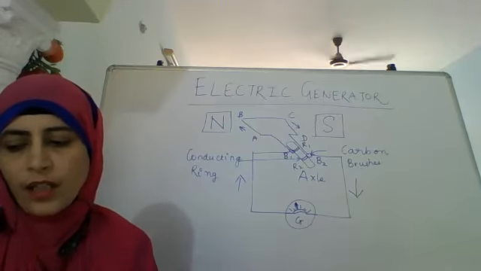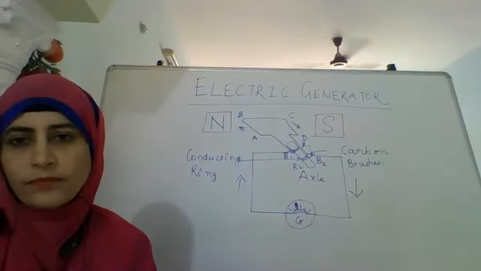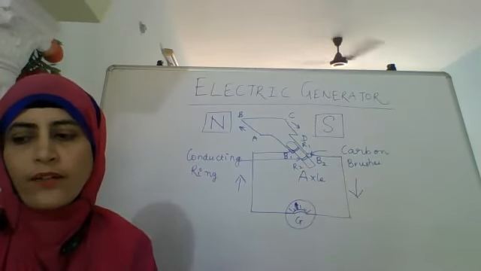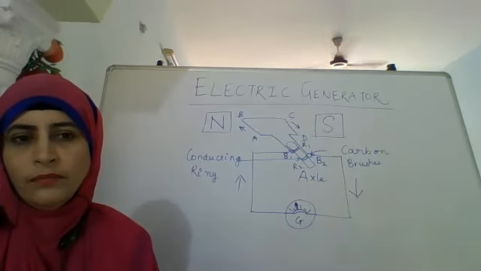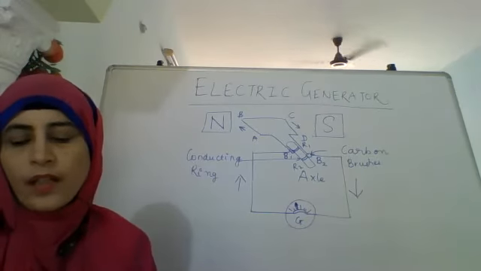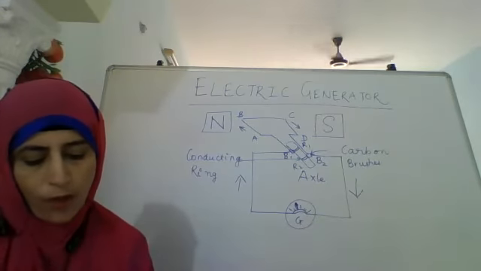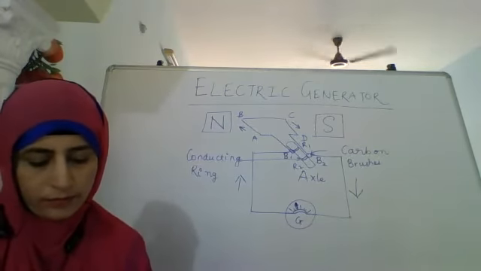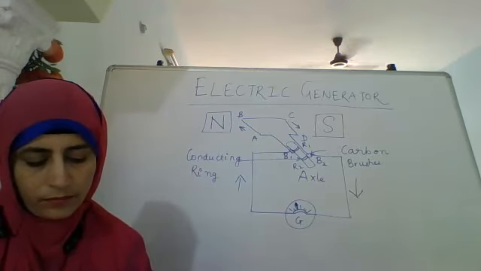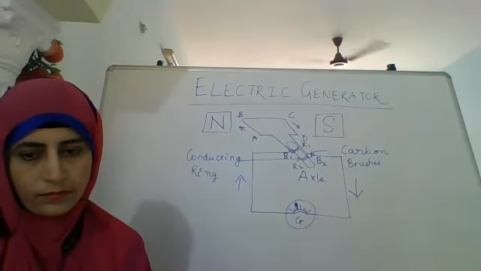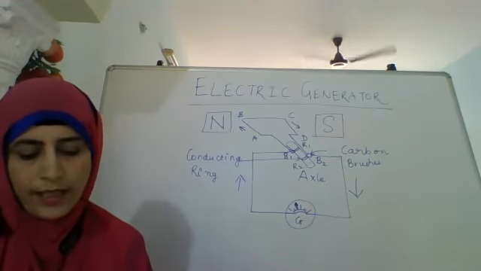A generator which converts mechanical energy into electrical energy in the form of alternating current is called AC generator.